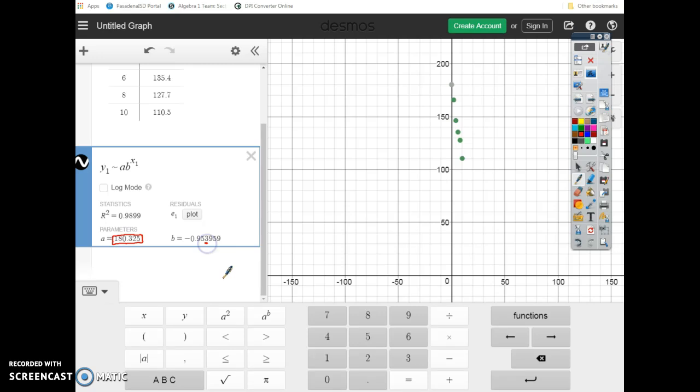So we're going to round to that number. And the neighbor is a 9. So what happens to the 3? It goes up to 4. Okay? So let's write those equations. Our equation would be y equals 180.325 parentheses.